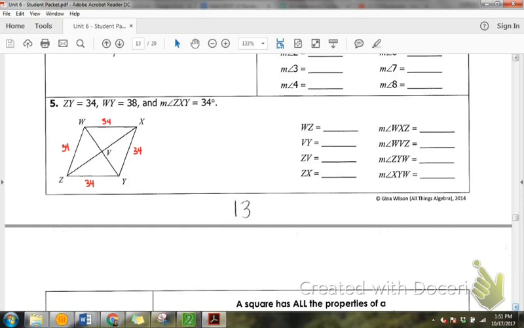WY is 38, so what's half of 38? 19. Okay, so WV is 19 and VY is 19. But do we know how long that other one is? No. How are we going to find it?